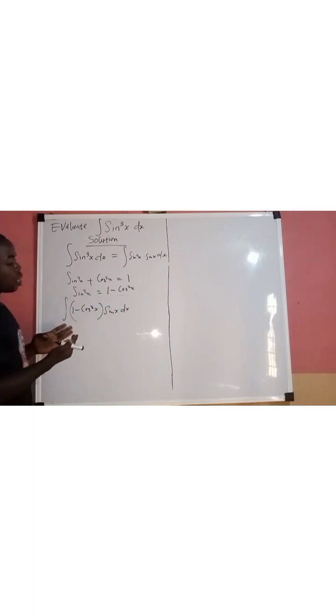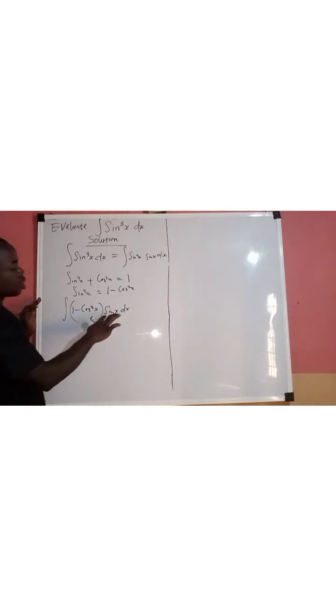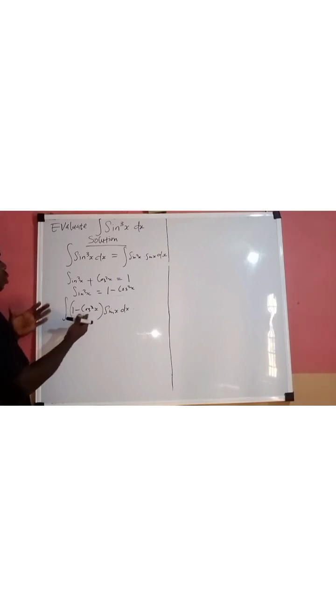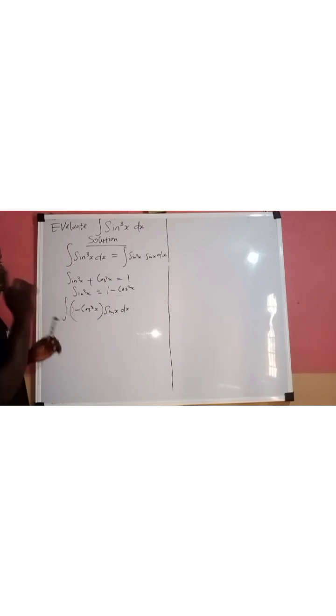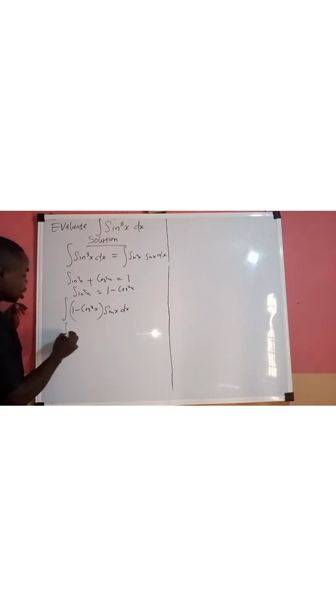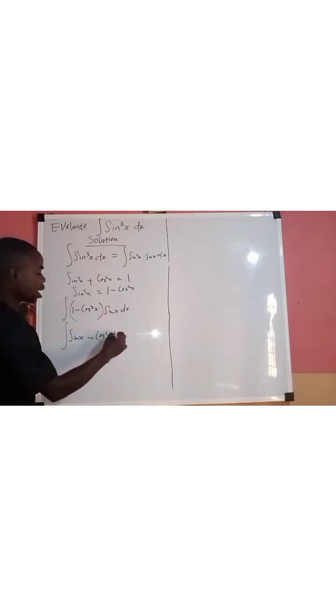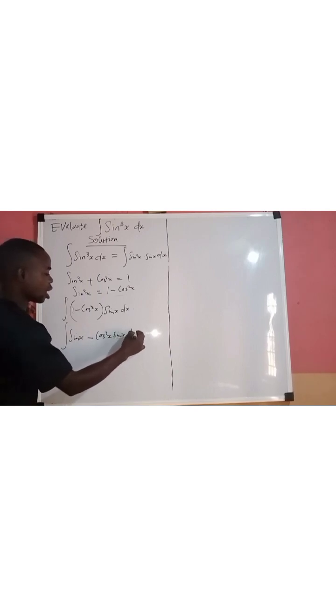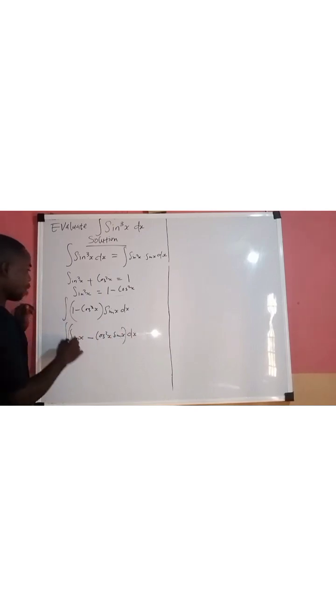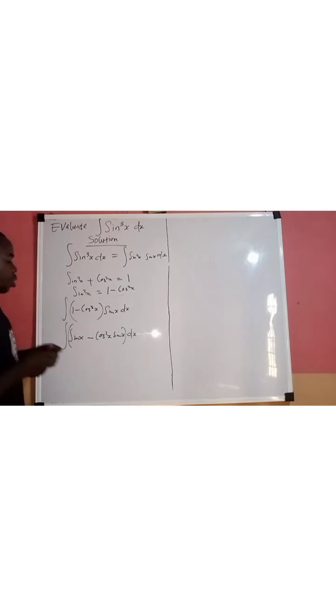Okay, so what do we do next? What I'm going to do is use this sine x to multiply the terms inside the bracket. If I do that, I'm going to have the integral of sine x times 1, which gives sine x, minus cos squared x sine x dx. Of course, you know that the integral of a sum is also the sum of the integrals.